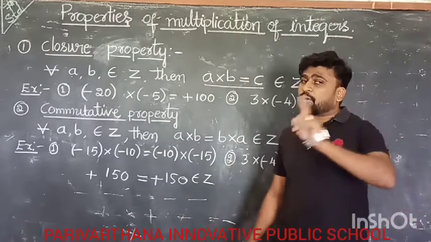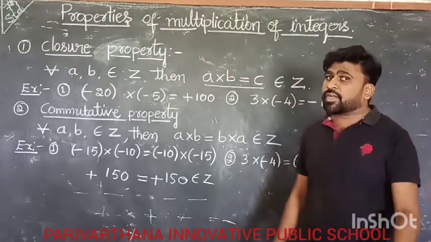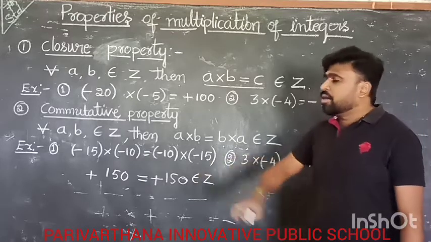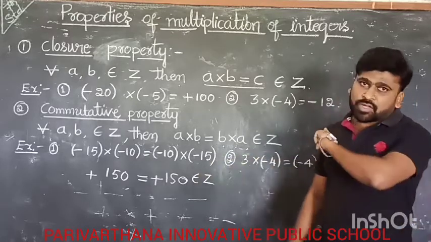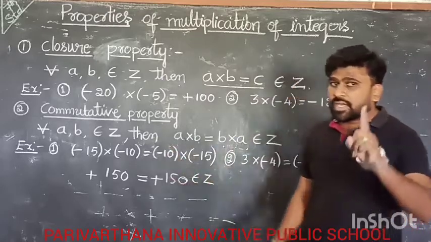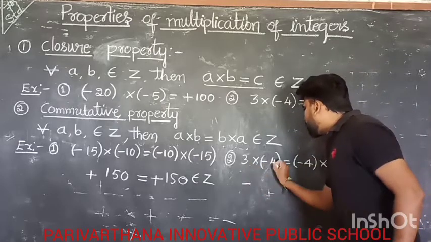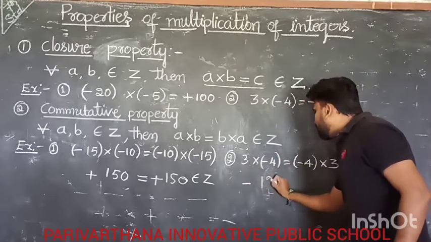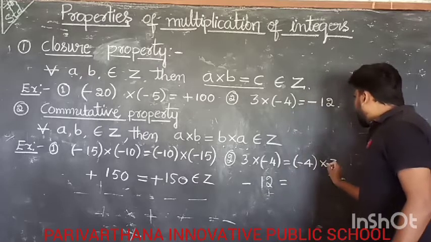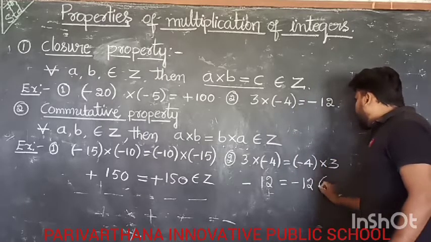But the commutative property is not satisfied for subtraction. The commutative property is satisfied for addition and multiplication. It is not satisfied for subtraction, and it is also not satisfied for division. See the second example. Plus into minus: 3 fours are 12, so 3 into minus 4 is minus 12, which equals minus 4 into plus 3, also minus 12.